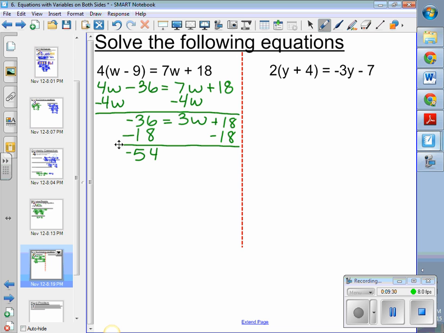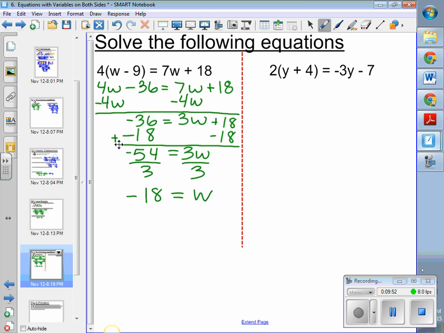I basically add those together, and I divide by 3, and I get 18 again. So I get negative 18 is equal to w.